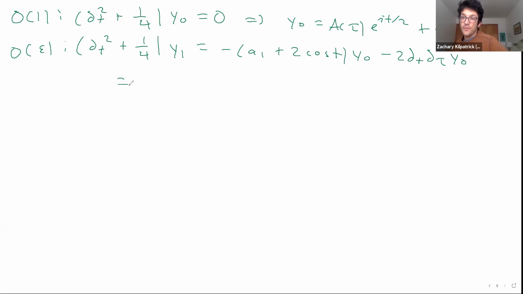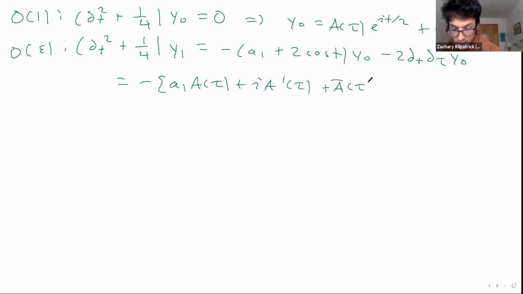So what does this set up for us? It sets up a differential equation that's going to describe the amplitude of y0. A1 times big A of tau plus i A prime of tau plus A bar of tau, all are going to multiply e to the i t over 2.